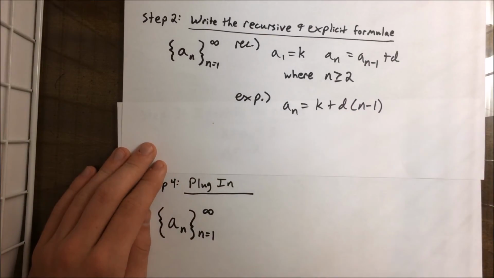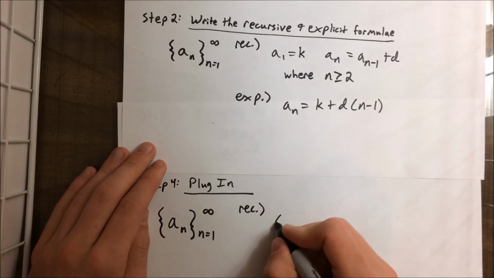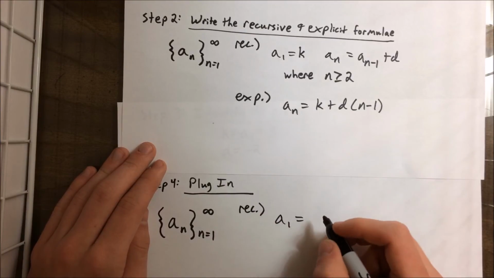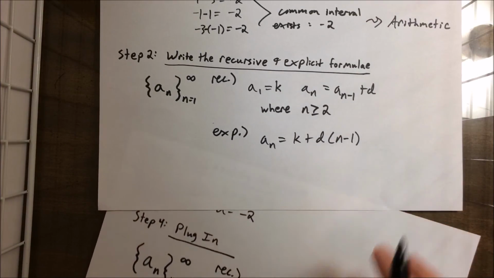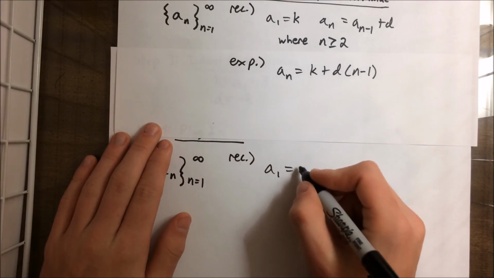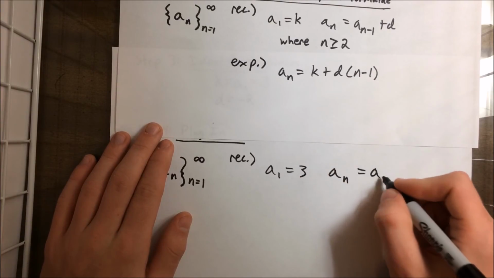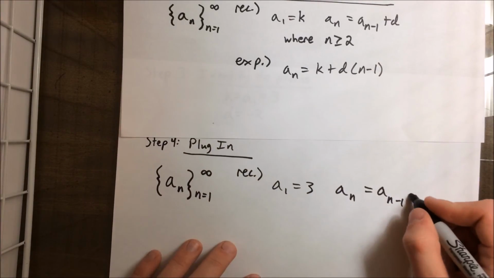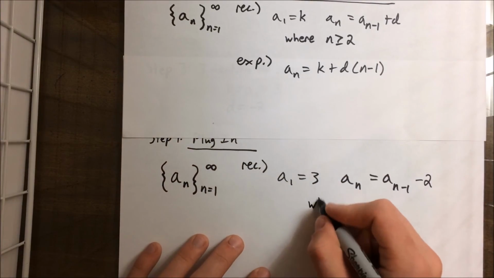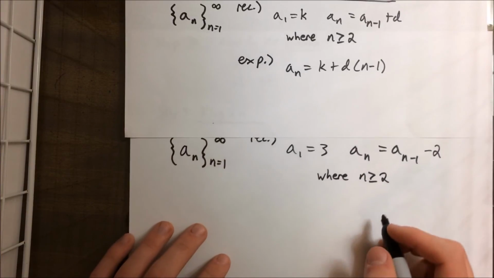So now we have the recursive, so a sub 1 is equal to k, which is equal to 3. A sub n is equal to a sub n minus 1 plus d, which is -2, so minus 2, where n is greater than or equal to 2.